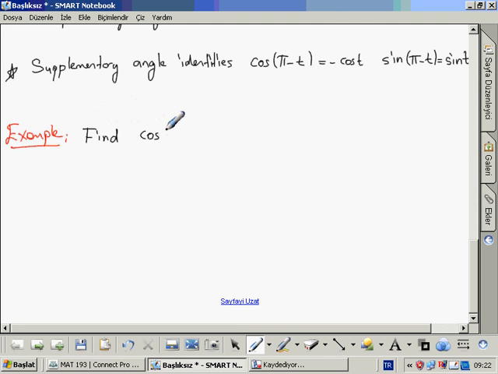Find cosine of 2 pi over 3 and sine of 5 pi over 4.